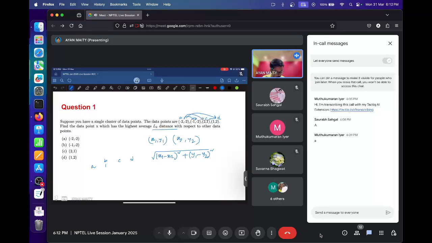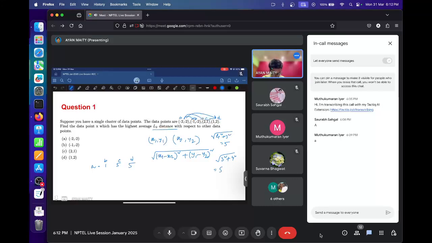Then the distance between point A and C would be, so it's minus 2 square, 4 square. So it would be root over 4 square plus 3 square, which is 5. And then the distance between A and D would be minus 3 square, so root over 3 square plus 4 square, which would also be 5.